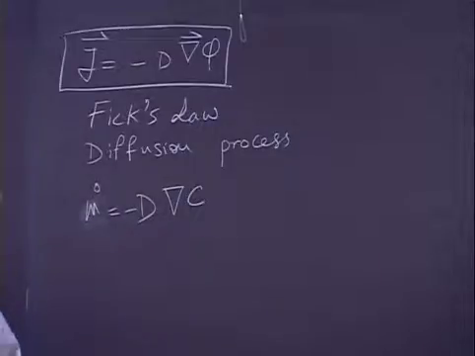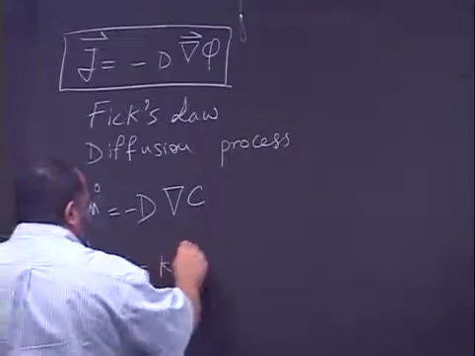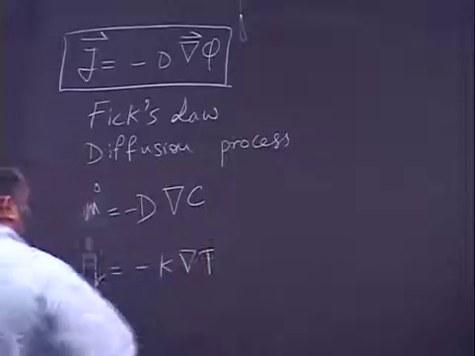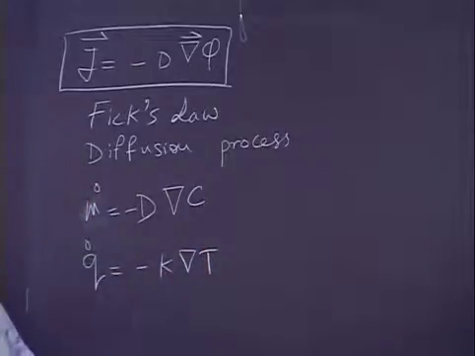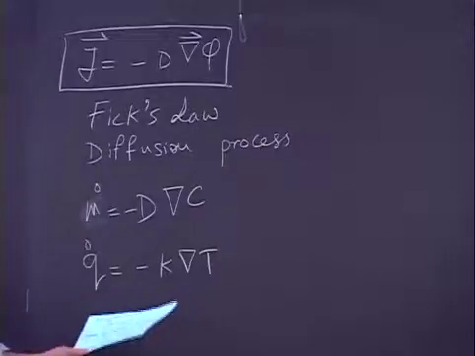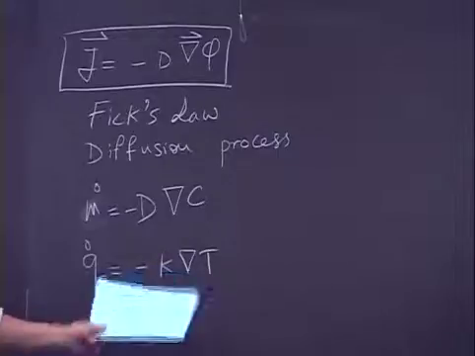And also like what? Q dot equal to negative K grad T. So this is what? Heat transfer, Fourier law. And the heat flux is equal to negative K multiplied by gradient of T.